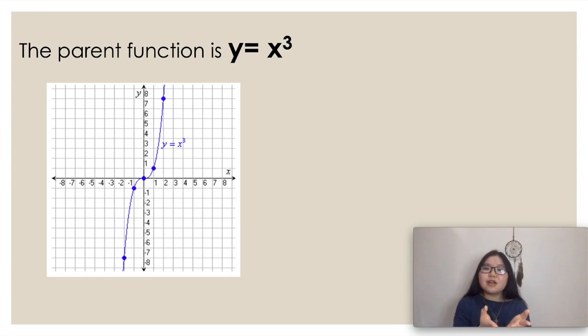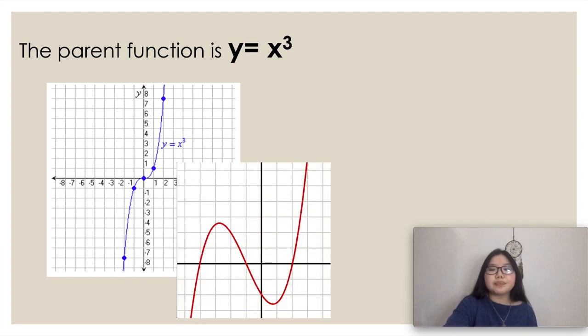As you see on the screen here, this is the original shape. That means the cubic function always has a curved shape when you graph it. Even though you can change all the numbers, as I will show you in the next slides, you can make it bigger or skinnier, or move it up or down, to the right, to the left, whatever you want.